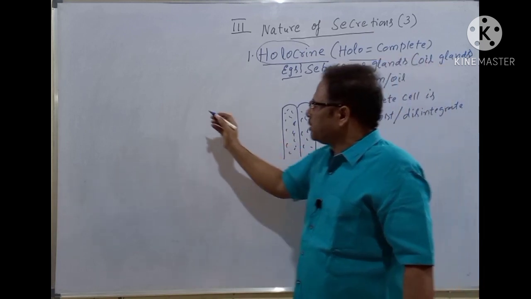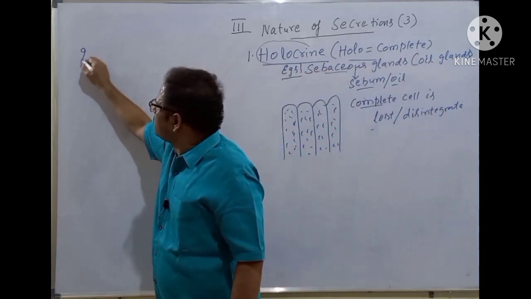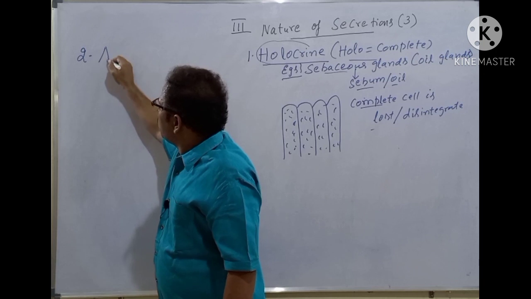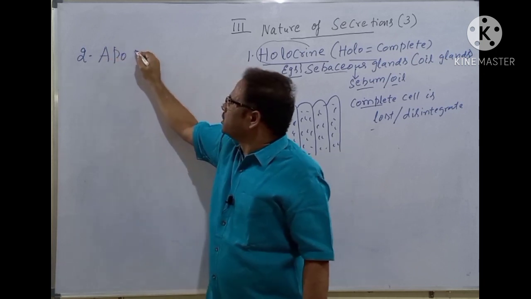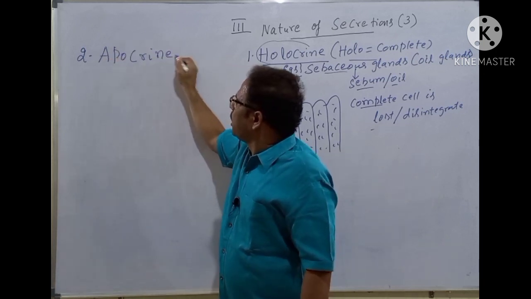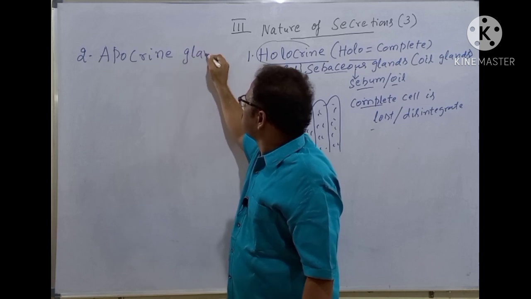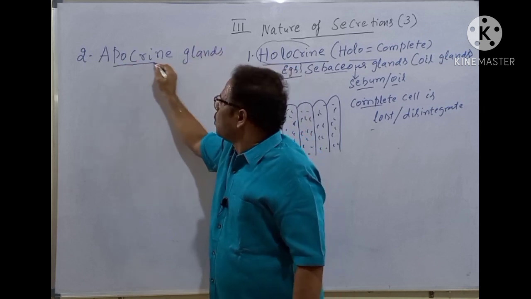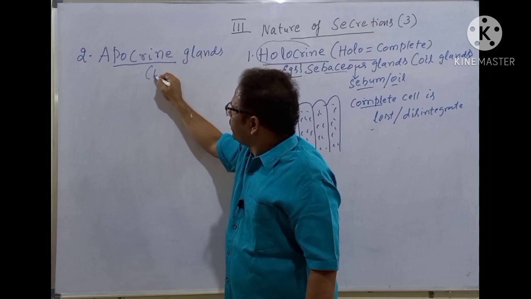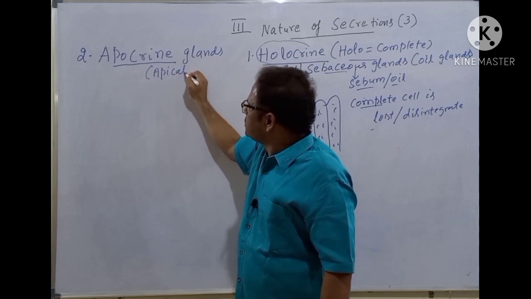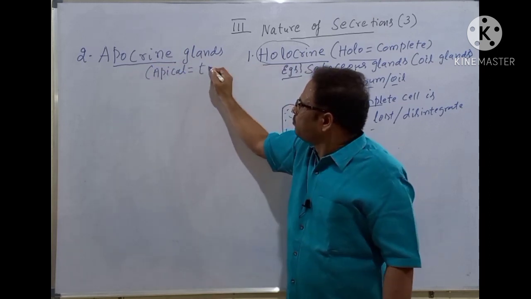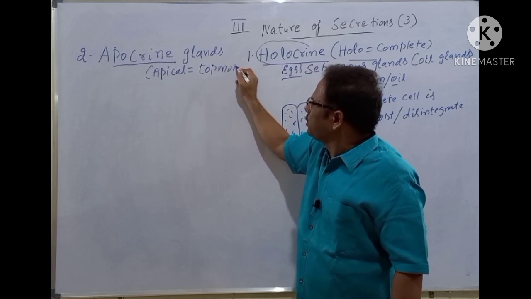The second aspect now, let's discuss. Apocrine. What is that? Apocrine glands. Apo means apical part. All of you know it. Apical means topmost part, upper part.